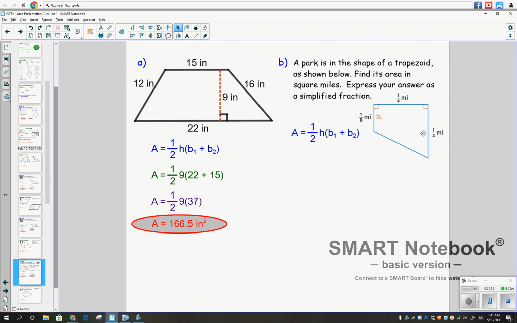So 1/4 and 1/8 are going to be my two bases. Well, what's the distance between those two bases? Notice 1/4 up here. Even though it's a side, it is perpendicular to the two bases. So this quarter at the top is going to be my height.